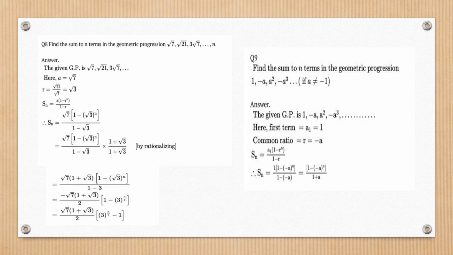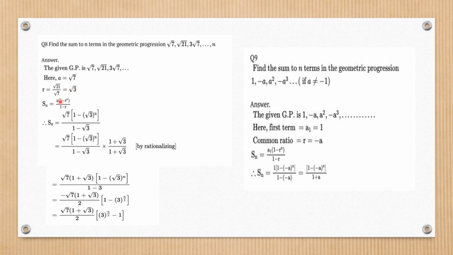In question number 8, you are required to find the sum to n terms in the GP root 7, root 21, and so on, up to n terms. So here it is a GP with a as root 7, and the common ratio can be seen from here. We are multiplying each term with root 3, so it can be easily worked out from here, and that is equal to root 3.